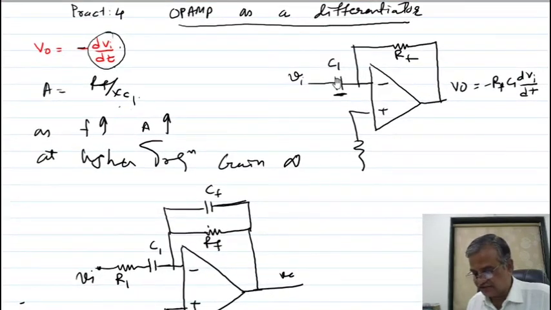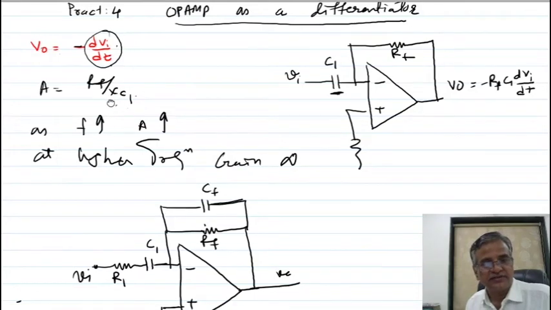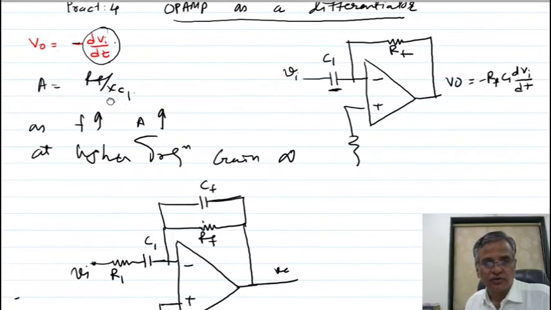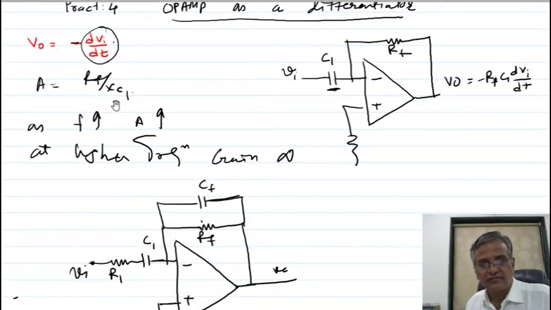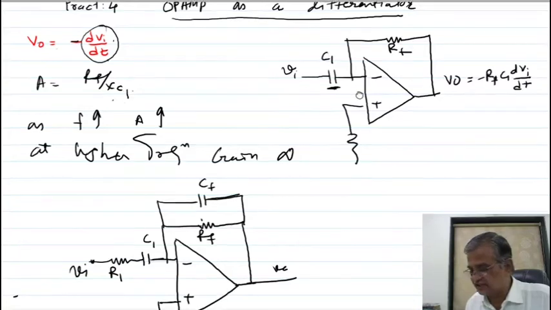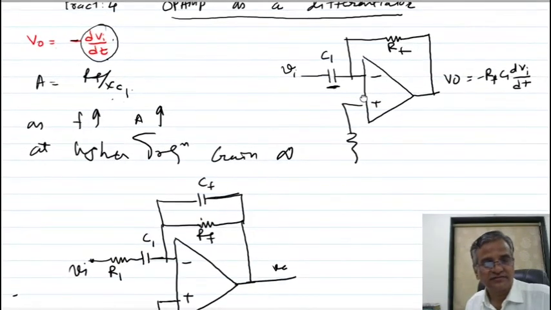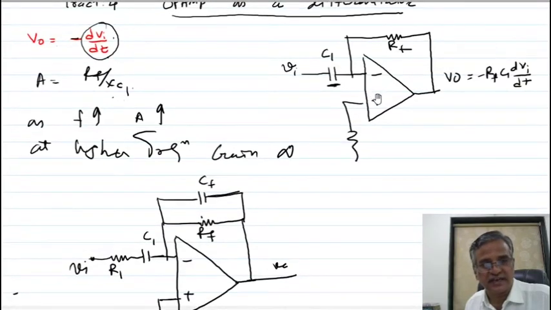In the basic differentiator circuit, as frequency increases, the gain of the circuit will increase. At higher frequency, gain will be very large, and so it breaks into oscillation. The first problem means the stability of the circuit is reduced at high frequency, so an instability problem arises at high frequency.